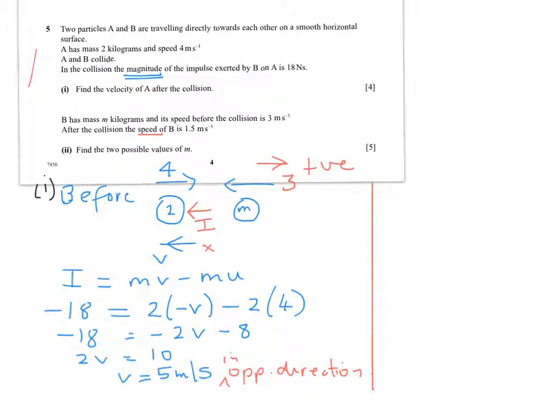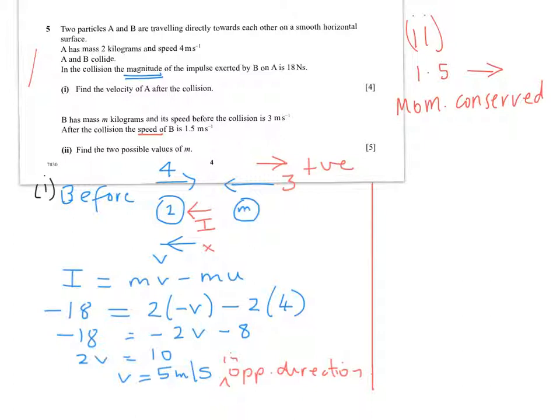So I'll write it up here, part 2, we'll start off with our first case with the speed 1.5 acting to the right. So 1.5 to the right. So we now are going to use the fact that momentum is conserved. Momentum conserved.